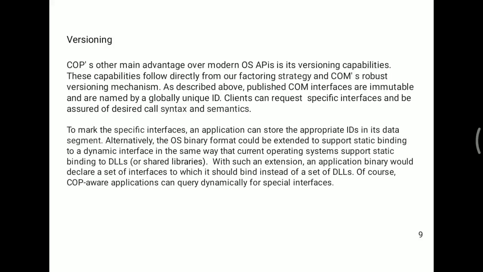The clients can request a specific interface, so the user can decide to take the interface they like. This provides greater compatibility for the user, who can be assured of a desired call syntax and semantics.